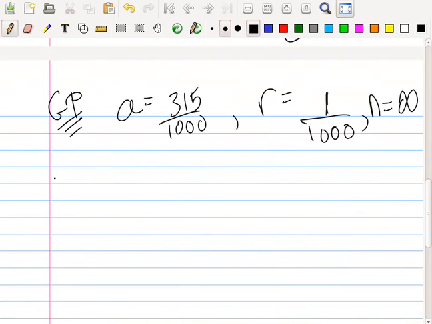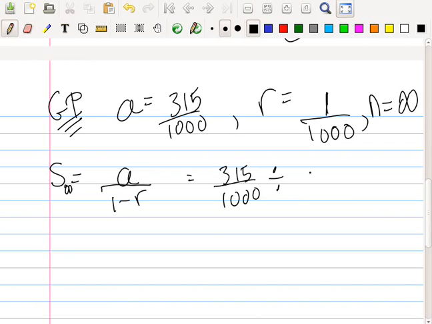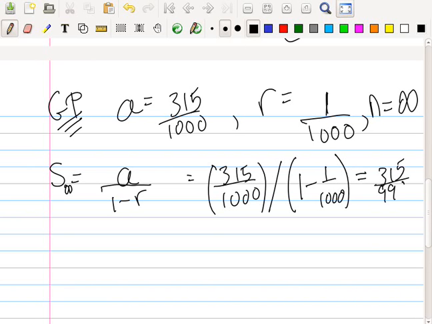So if you look in the formula book, you'll get this is the formula. It's A over 1 minus R. So that would be 315 over 1,000 divided by 1 minus R, which is 35 over 111.